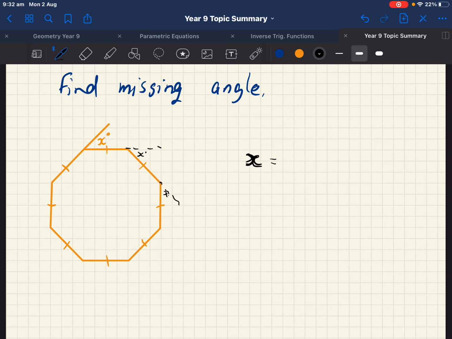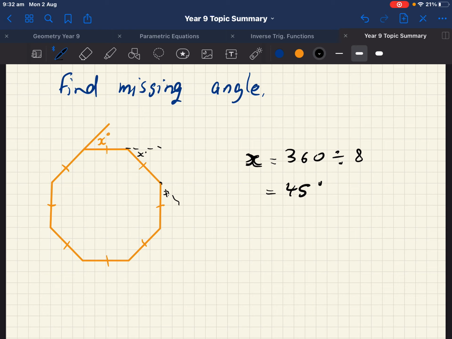Because they all add up to 360, you can just do 360 divided by, in this case, 8 of them because it's an octagon. And it straight away tells you what the size of that exterior angle is. It's 45 degrees.